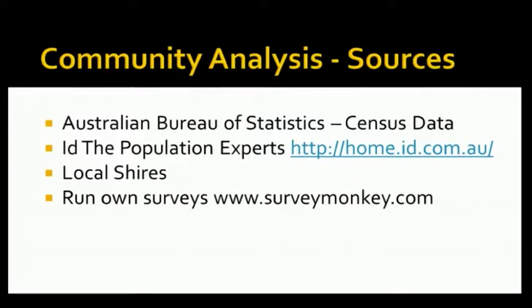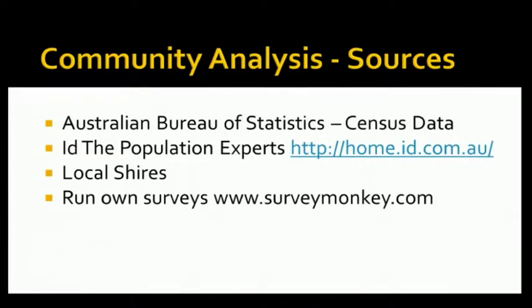It's just that you have to pay for that service, so nothing comes for free from them. Local shires are a great source of information as well, and industry groups, chambers of commerce and so on, or you could run your own survey. SurveyMonkey is a great website for running quick and simple surveys and collecting your own data. So lots of ways, Andrea.